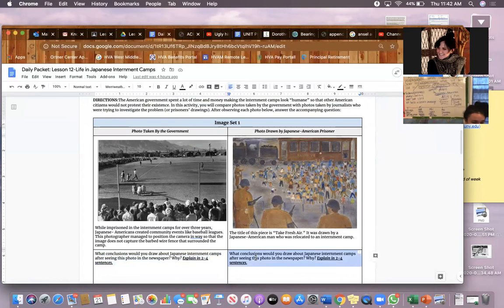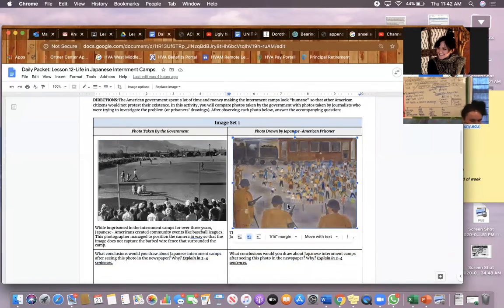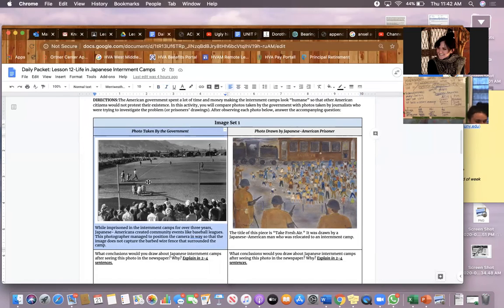And what conclusions would you draw about Japanese internment camps after seeing this photo in the newspaper? Why? So you'll notice the question is the same. But these images give us a very different picture of what life was like in the internment camps. The one on the left is always a photo taken by the government.